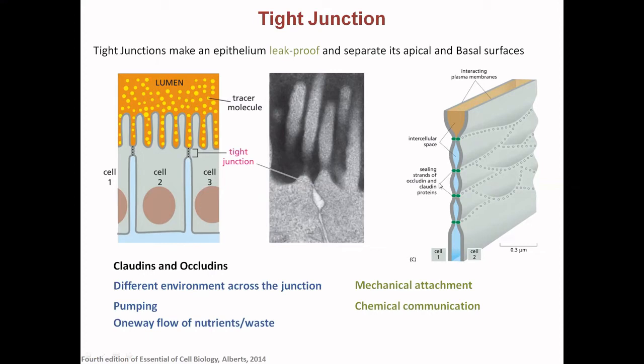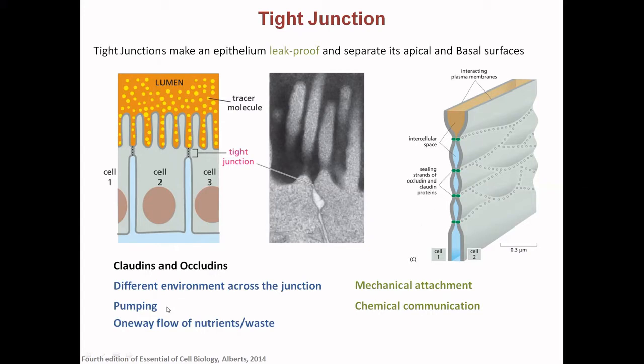The proteins found in the tight junction are occludins and the claudins. So they have created a different environment across the junctions.